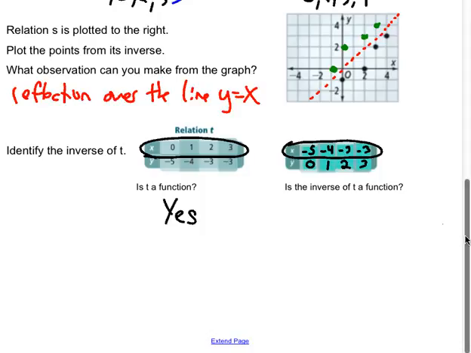It has an x that's going to multiple y values. So here, what I want you to get out of this is that just because the original is a function doesn't always mean that its inverse is. Sometimes when you take the inverse, it is no longer a function anymore. That's something really interesting and neat to pick up on, that relationship there. Just because something is originally a function does not mean its inverse has to be.